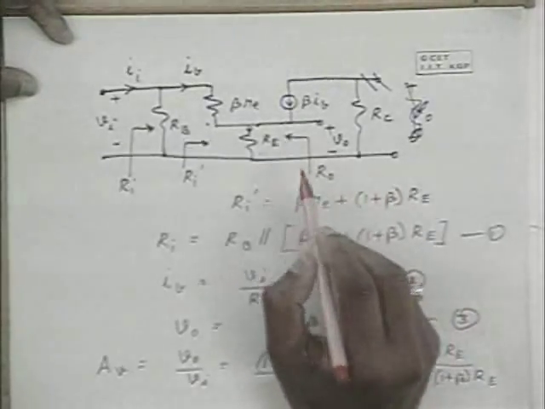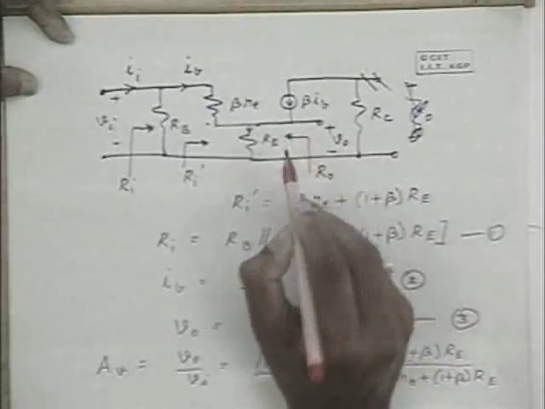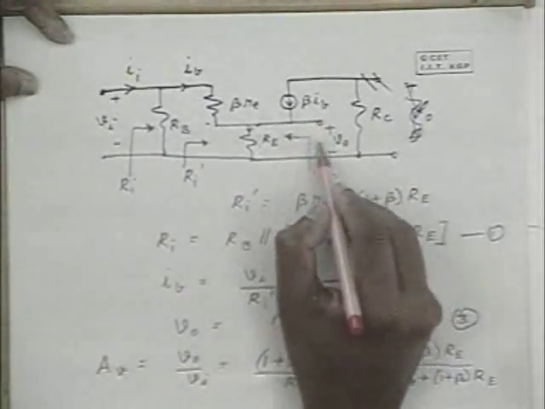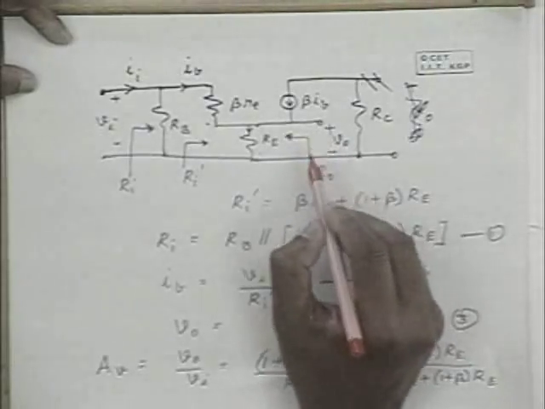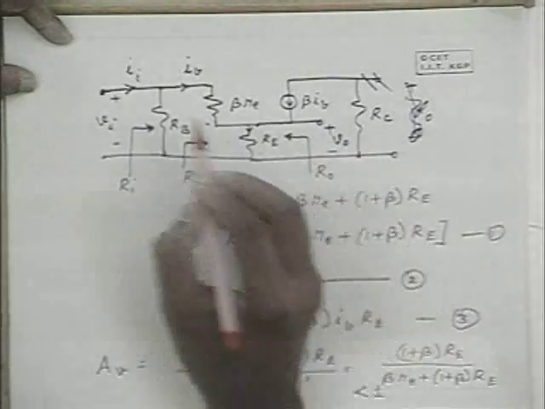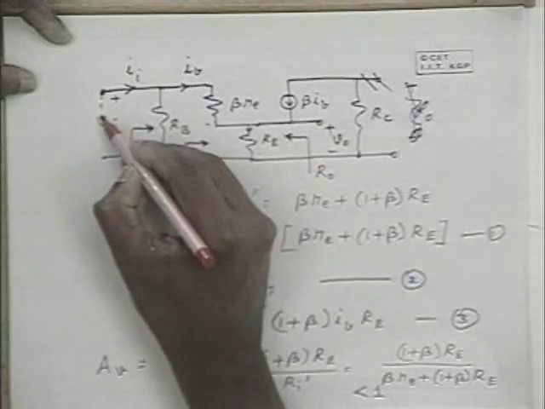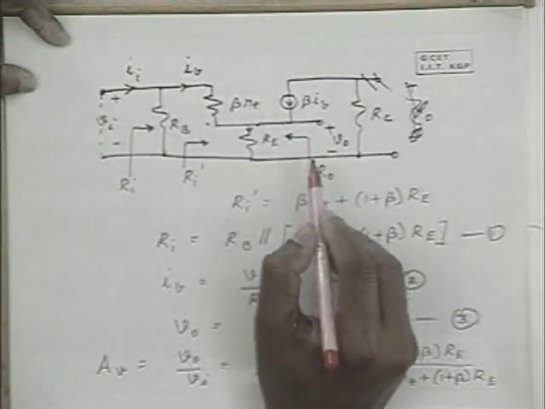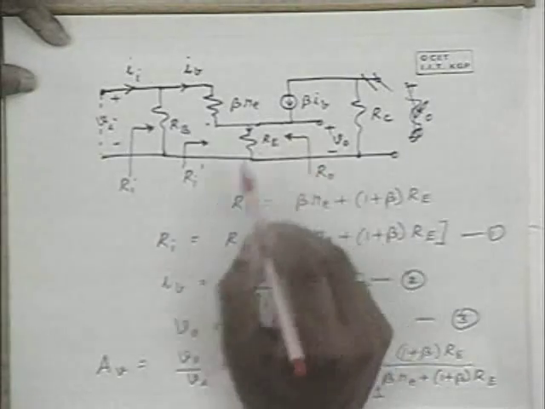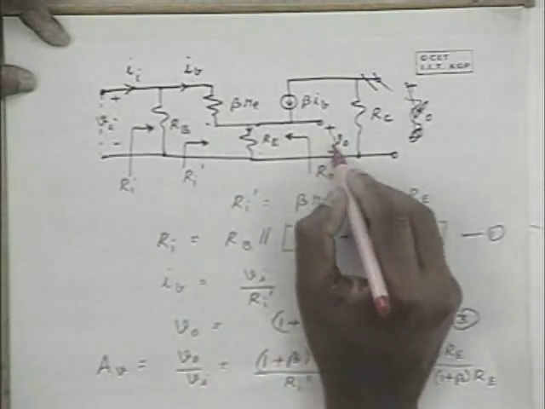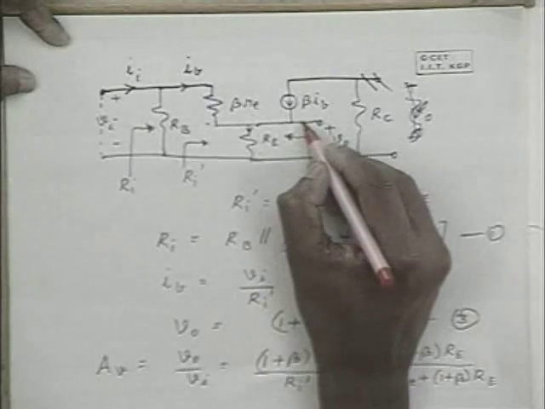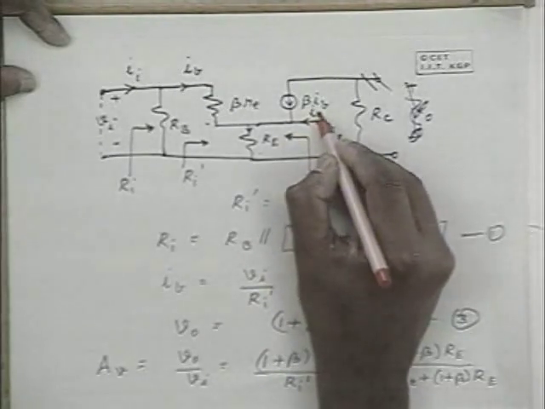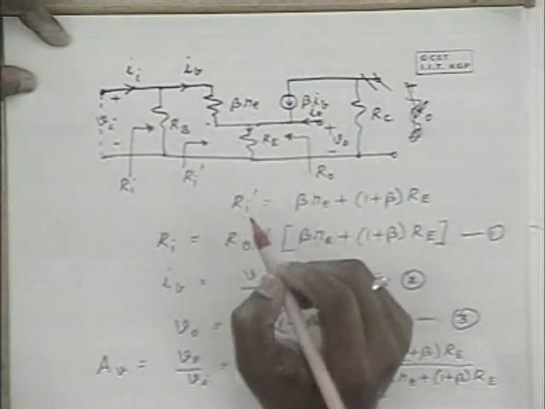And I repeat, we define the output impedance like this. When you apply an external alternating supply of V volts here, and the input is replaced by a short circuit, the impedance looking into this terminal is the output impedance. That means when V0 is an external supply applied, we determine the current I0 here, and the V0 to I0 ratio is this.